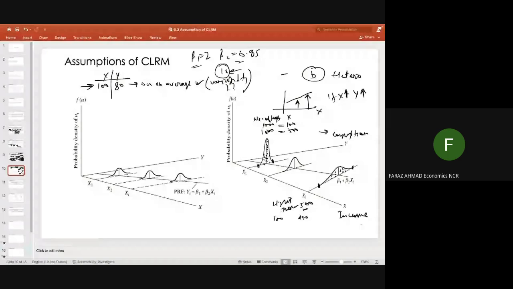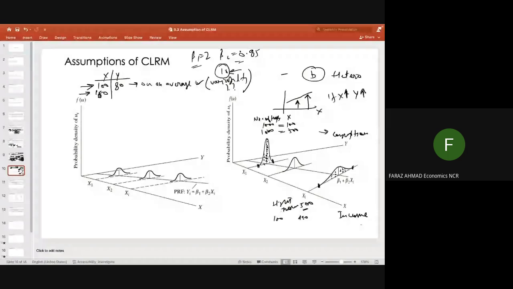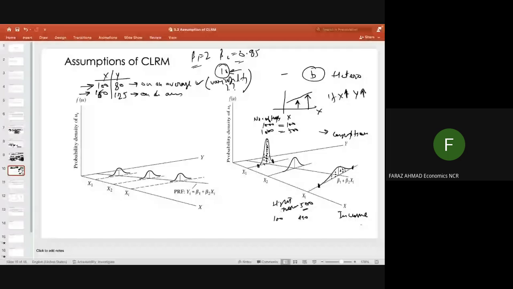Now, if we use the same betas for predicting consumption for an income of 160, and it turns out to be, say, 125, suppose. So that's all on an average, right? All people having an income of 160 would consume 125, and we have predicted this on the basis of beta 1 being 2 and beta 2 being 0.85. Now the question is, what is the variability?